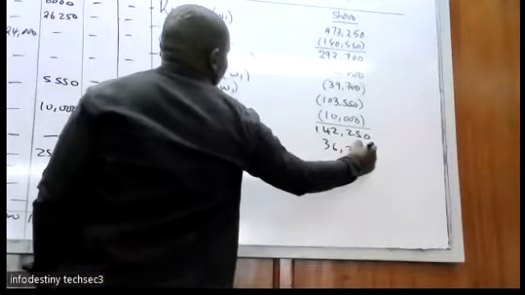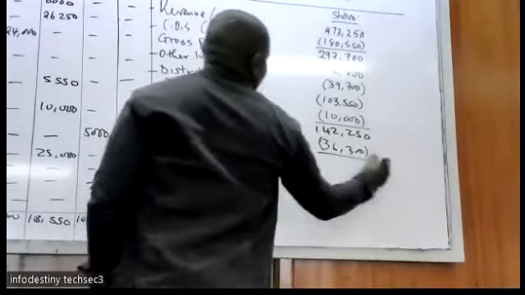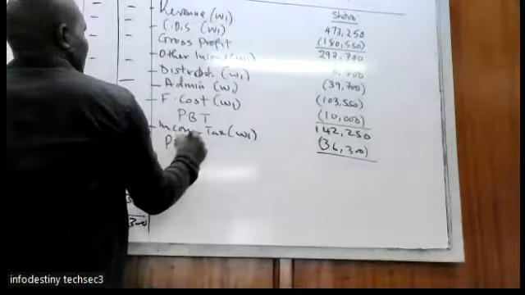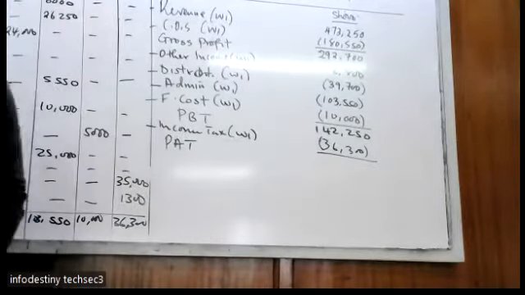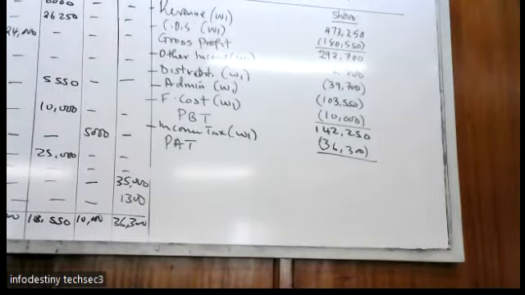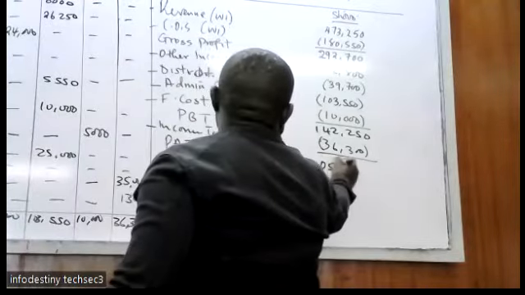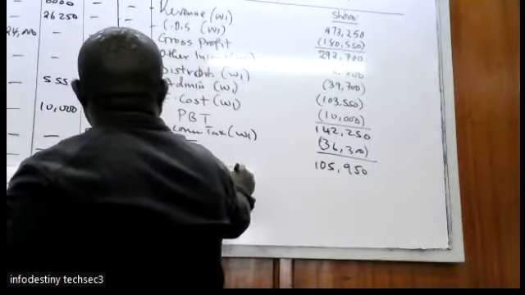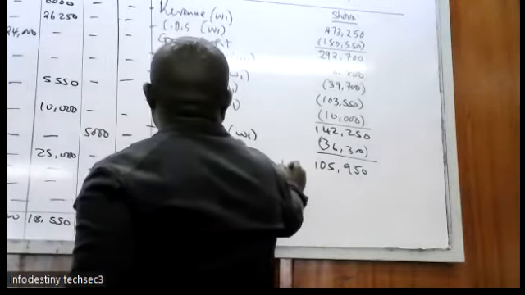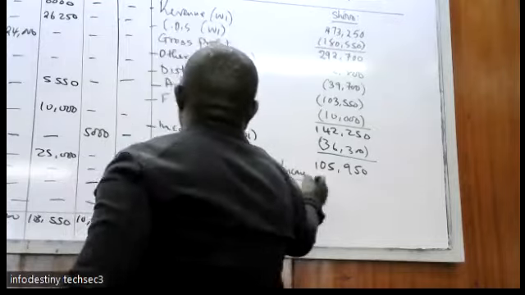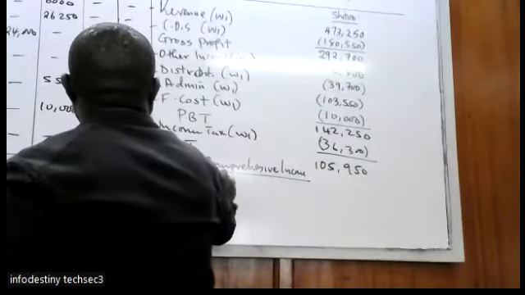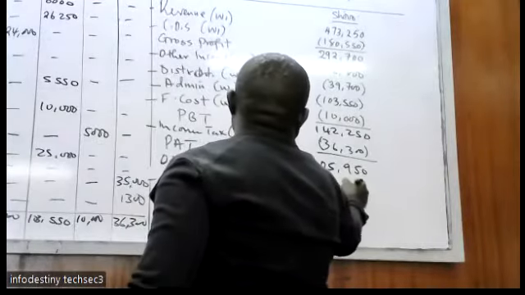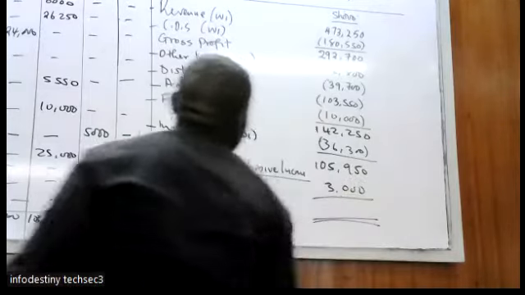36,300. Okay, PAT will be 105,950. Other comprehensive income, there is revaluation of how much? 3,000.